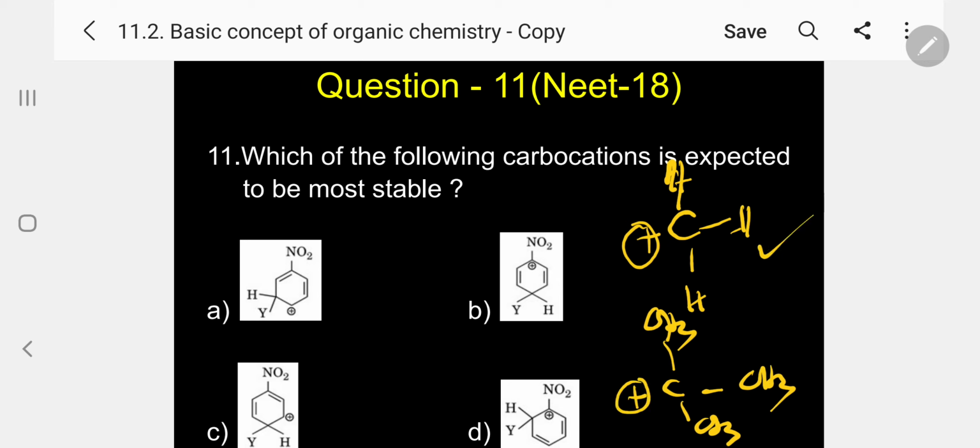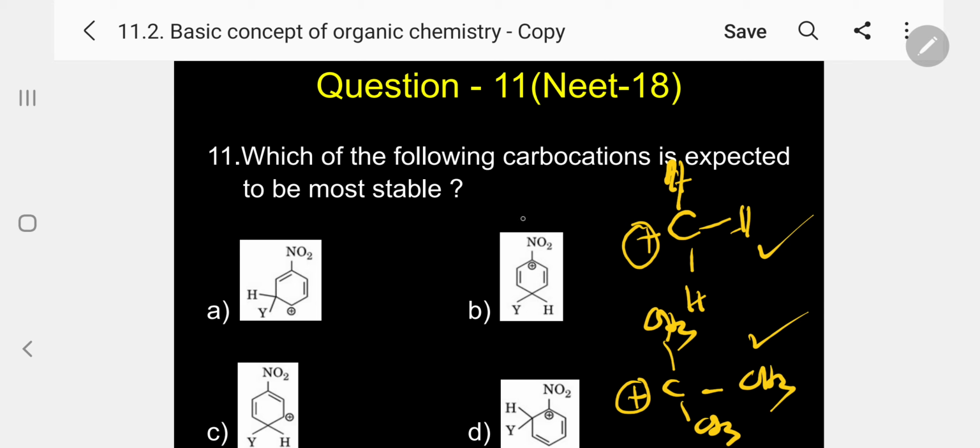This is the primary methyl carbonium ion, and this is the tertiary butyl carbonium ion. When you come to this, there are two important factors which will increase or decrease the stability.